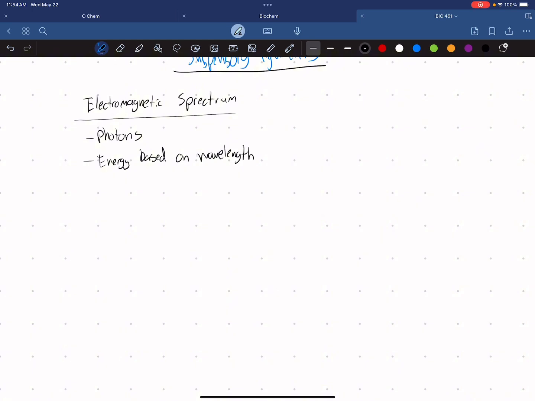And so the visible light spectrum is about 380 nanometers all the way to about 700 nanometers. And these are the colors of the rainbow that we are able to see.